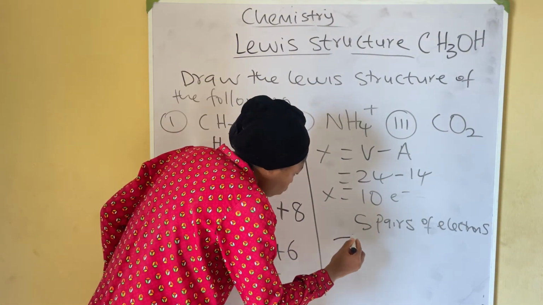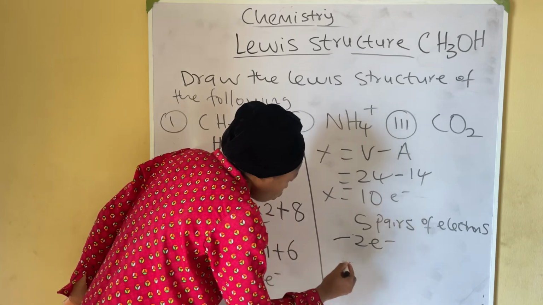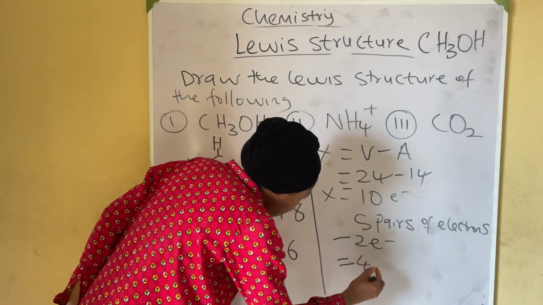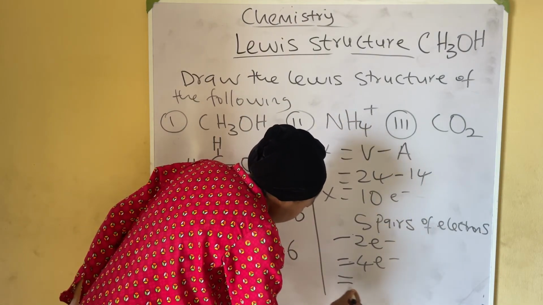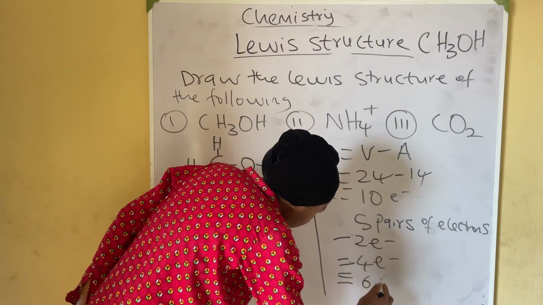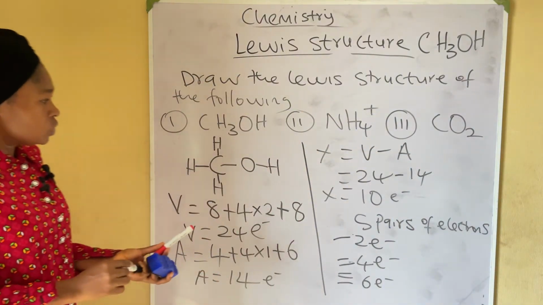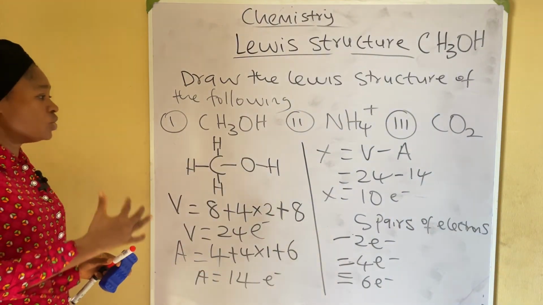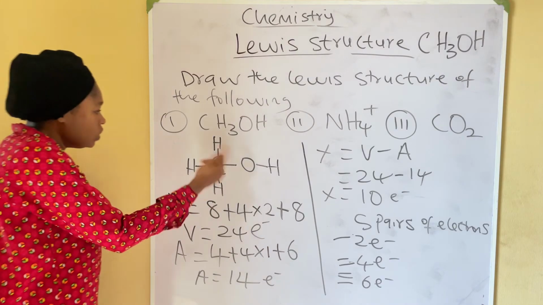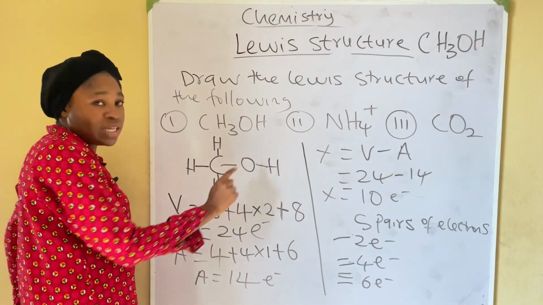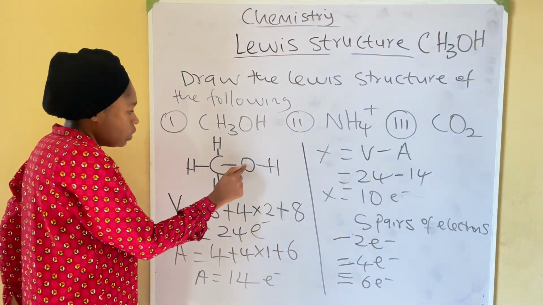Double line represents what? 4 electrons. And triple bond represents what? 6 electrons. So remember, when it comes to hydrogen, we're talking about duplet states. At the end of this, hydrogen has attained what? Duplet configuration. What of this oxygen?